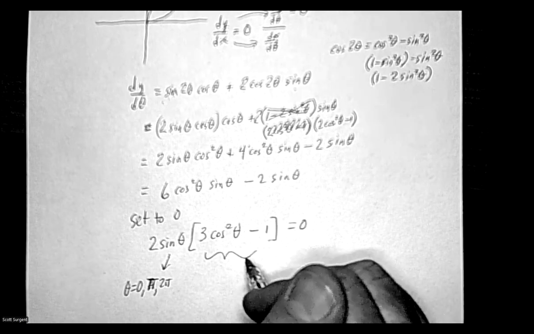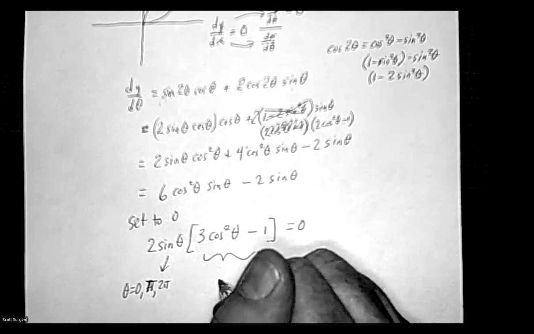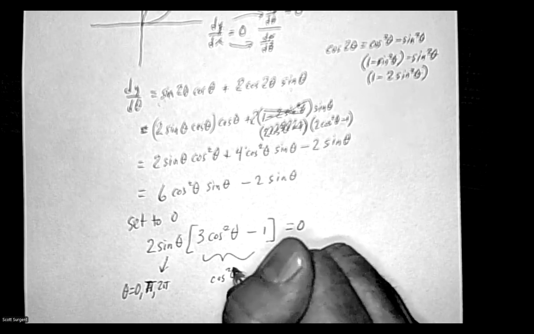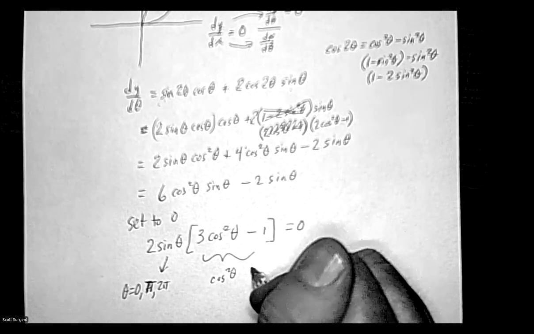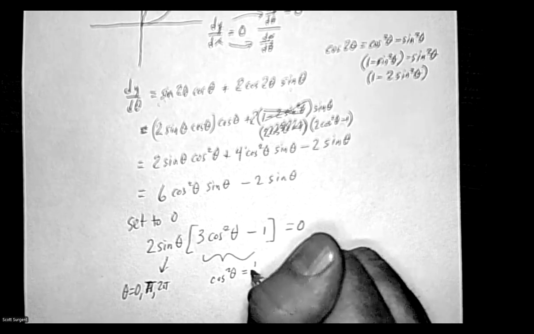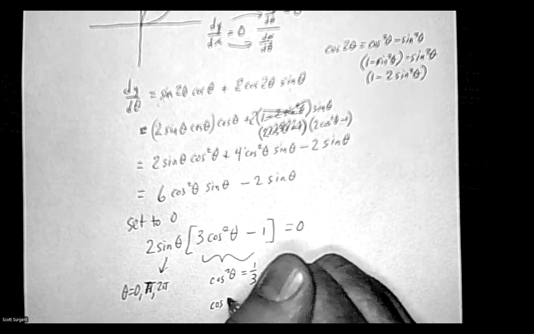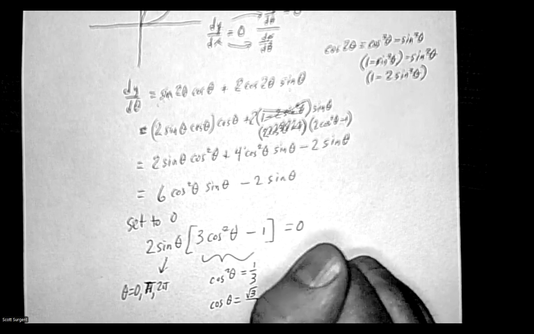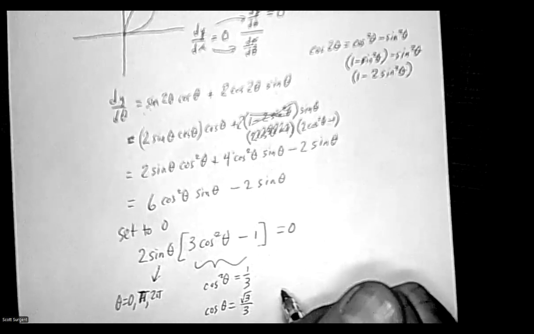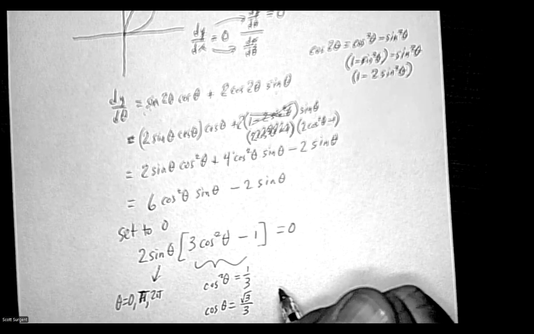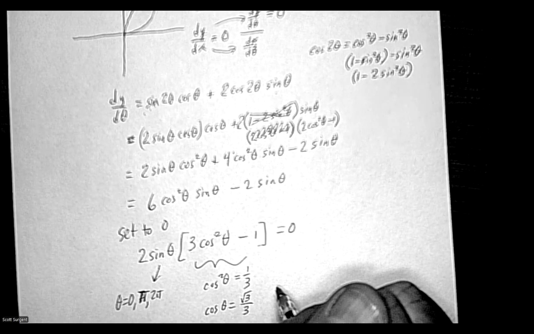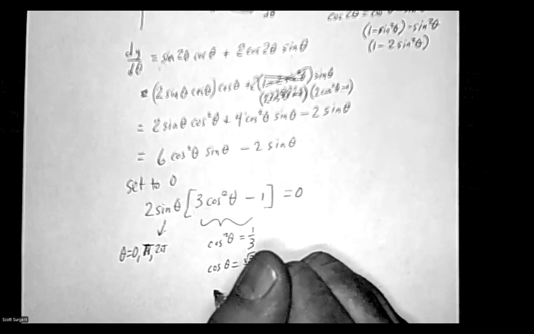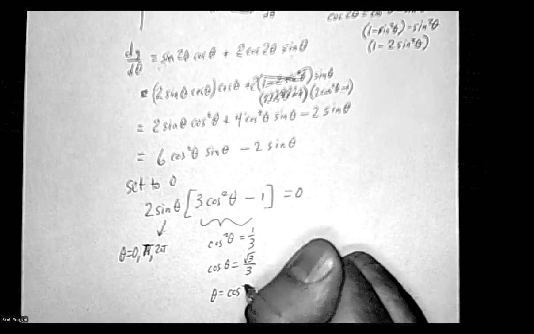From here, it looks like we're going to get some interesting values. We're going to get cos squared theta equals 0, bring the 1 over, divide by 3, it's 1/3. So if I take the square root of that, I get radical 1 over 3, which is radical 3 over 3. And that's not a usual value, but that's okay. That one is just going to have to work out using a calculator. So theta would be inverse cosine of square root 3 over 3.